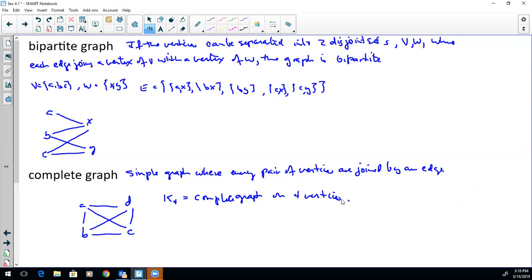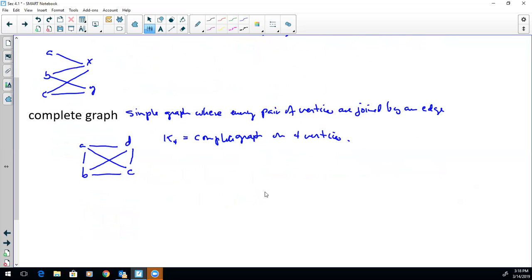Okay, so in general terms here, K sub n is a complete graph on n vertices. Okay, so what would that look like?